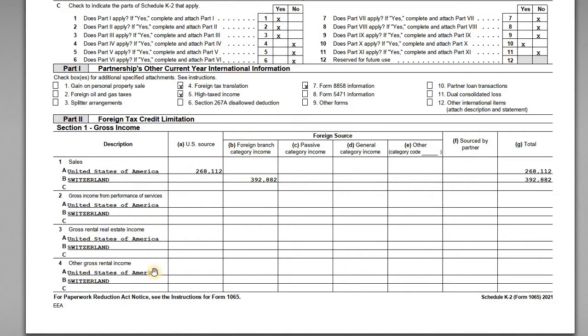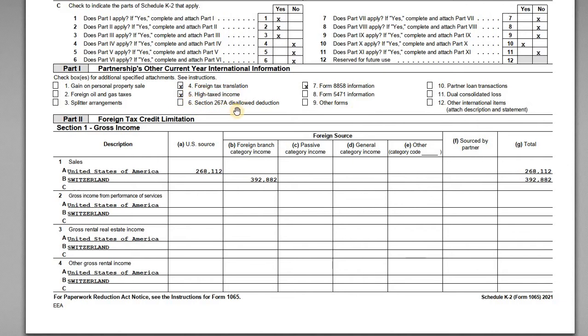On the K2 itself, we're just reporting everything in USD. But because we have translated amounts from a foreign currency to U.S., we have to indicate as such here and then attach a schedule that shows how we came up with the conversions. Right? Same thing with the high tax income issue.